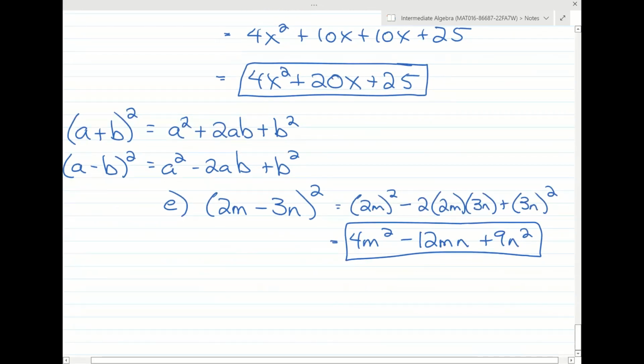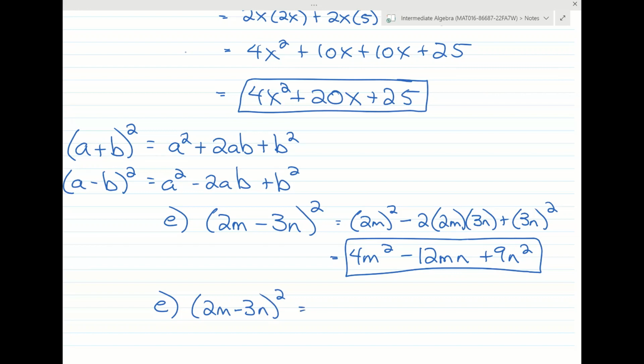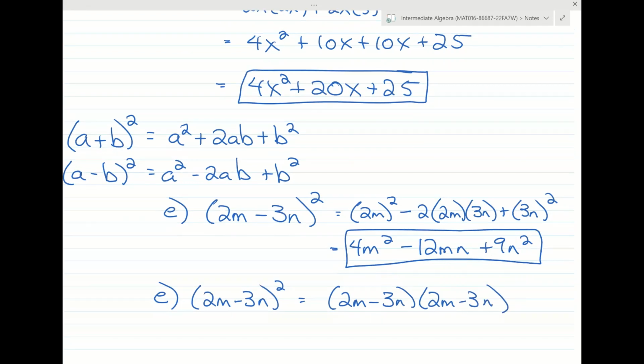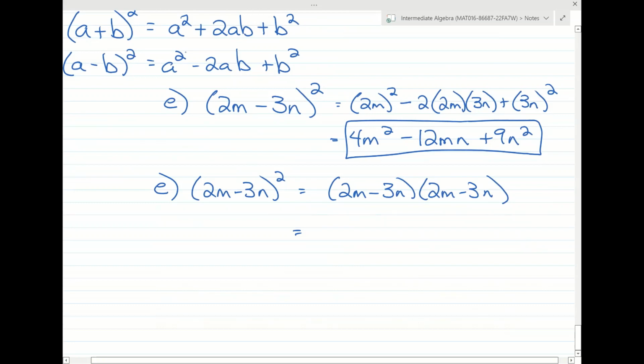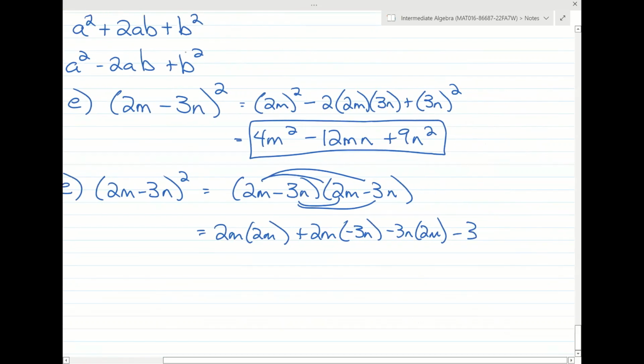If you don't want to memorize anything extra and you just want to do it the long way, 2m minus 3n squared would be 2m minus 3n times 2m minus 3n. And if we multiply these out, doing the first terms, 2m times 2m plus 2m times negative 3n, and then negative 3n times 2m, and then negative 3n times itself.